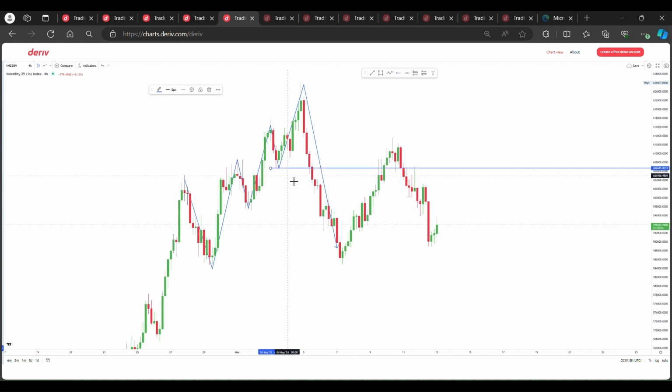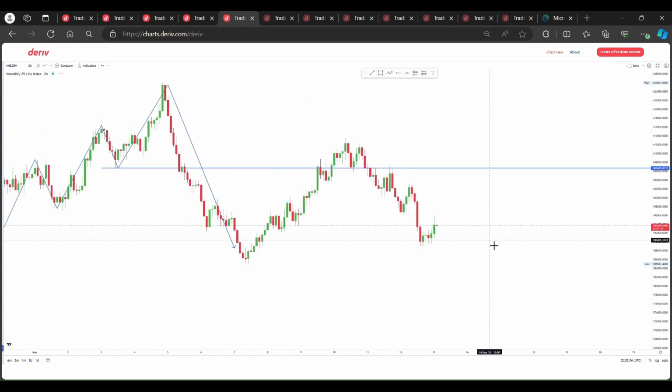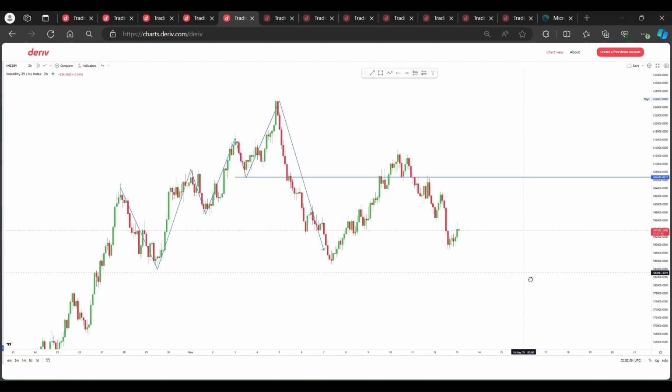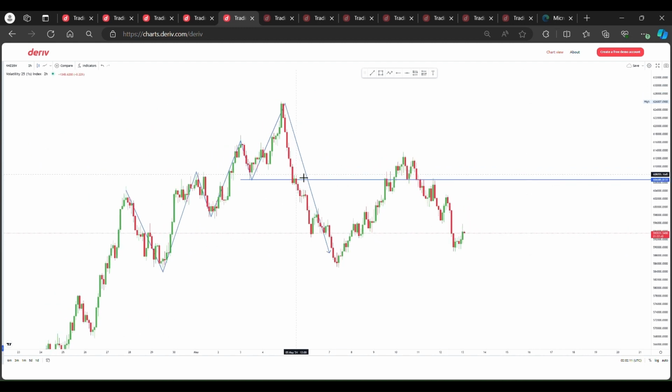This was the low that changed character. So let's go to the lower time frame for a clearer view. On the 2-hour time frame, let me remove this, sorry. We have this low right here.